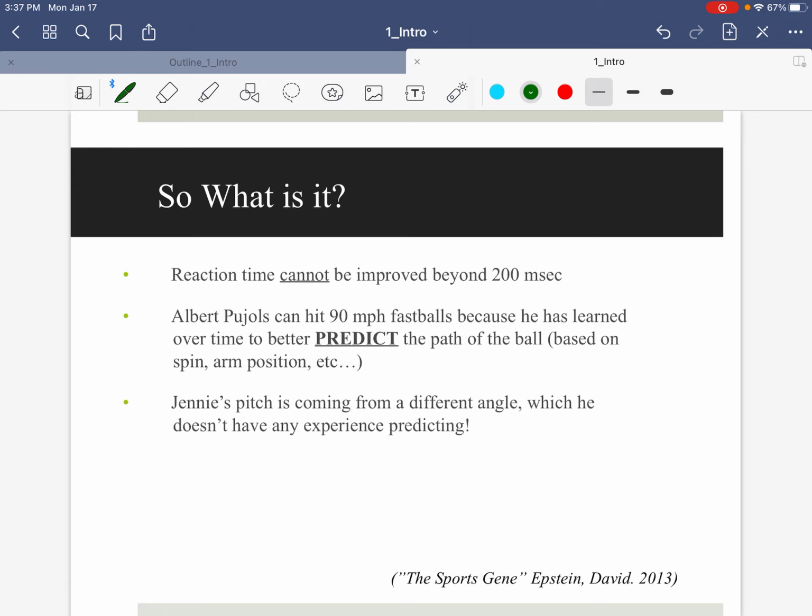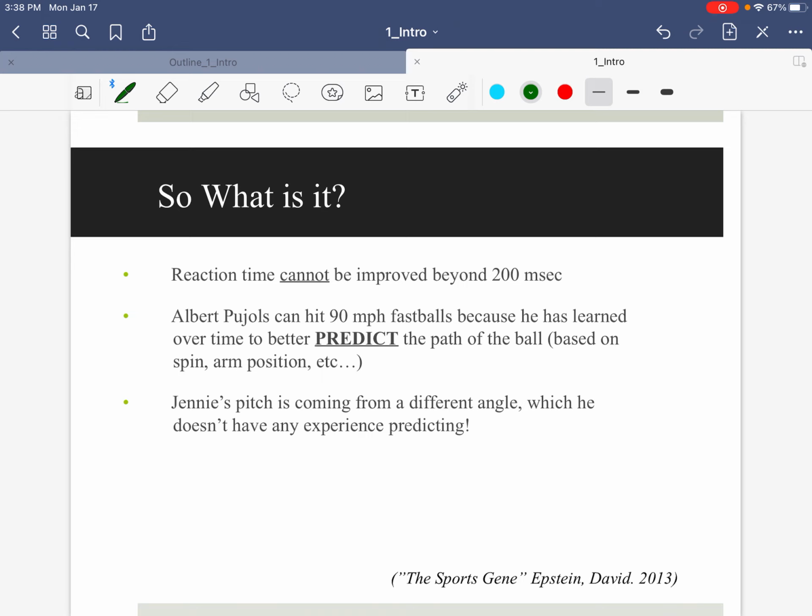So the reason why Albert Pujols can hit a Major League Baseball pitcher is because he's learned over time how to better predict the path of the ball. So within those 5 milliseconds, he's gathered whatever data he can, but the rest of his ability to make that bat hit the ball is prediction.